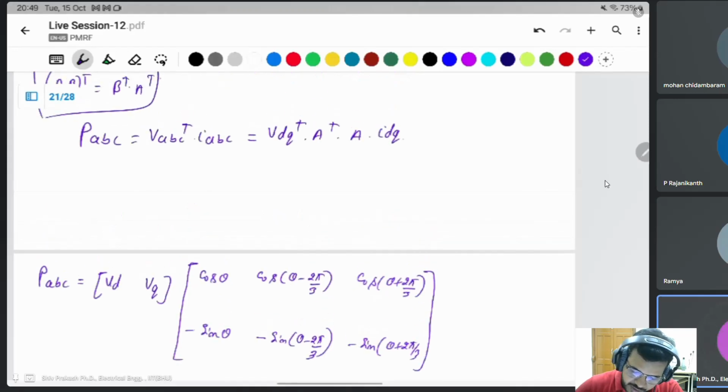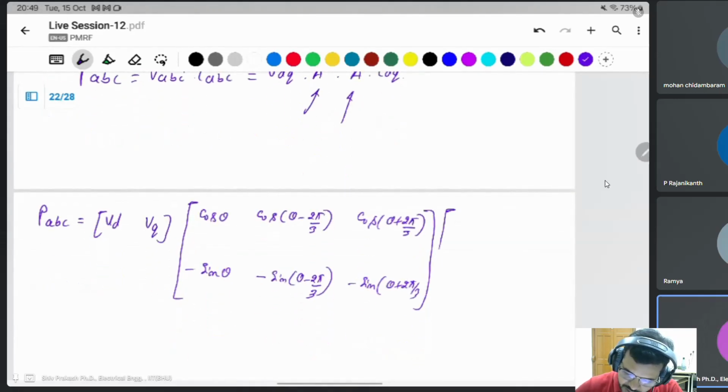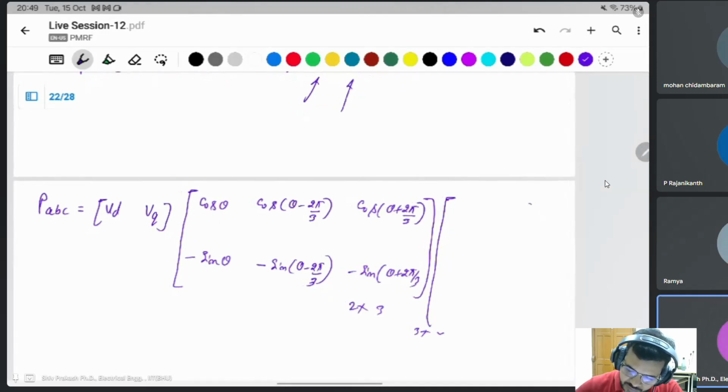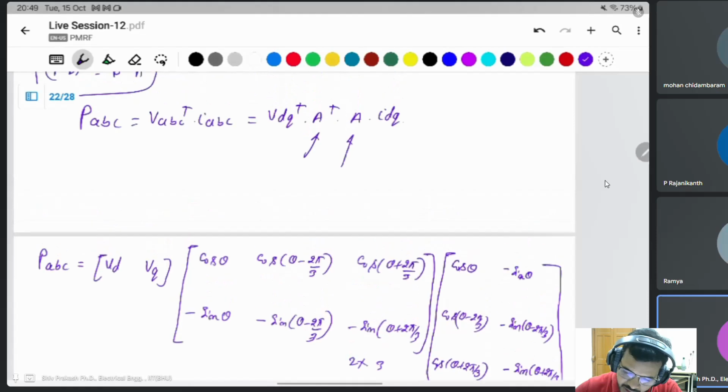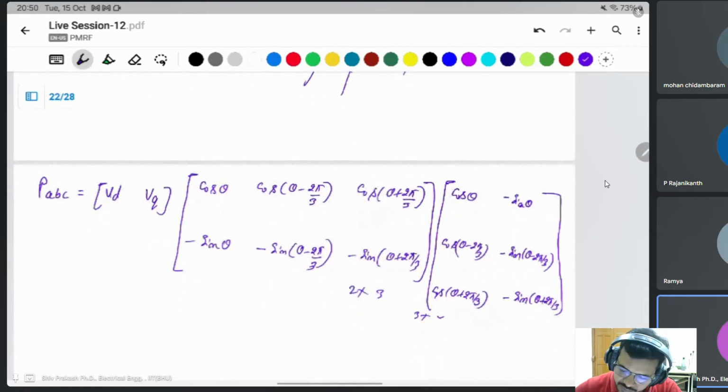This one is A transpose, then A same thing: cos theta, cos theta minus 2 pi by 3, cos theta plus 2 pi by 3, minus sine theta, and so on, minus sine of theta plus 2 pi by 3. Then Idq, Id, Iq, like that.